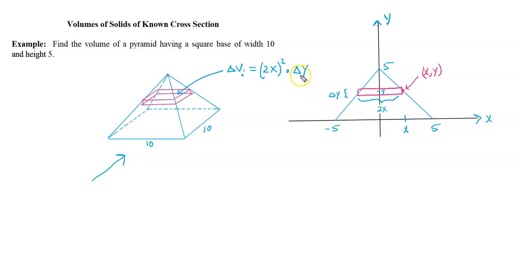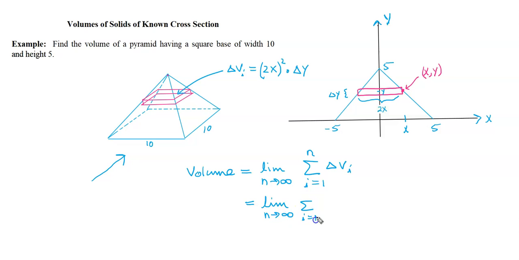Now what we do is we need to add all of these up and take the limit as the number of partitions goes to infinity. So then the volume of the pyramid, here's what our volume would be.